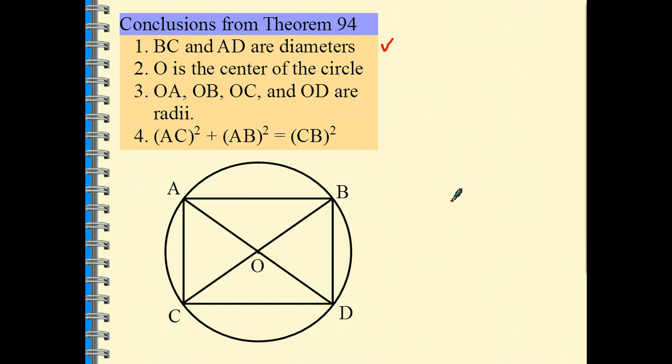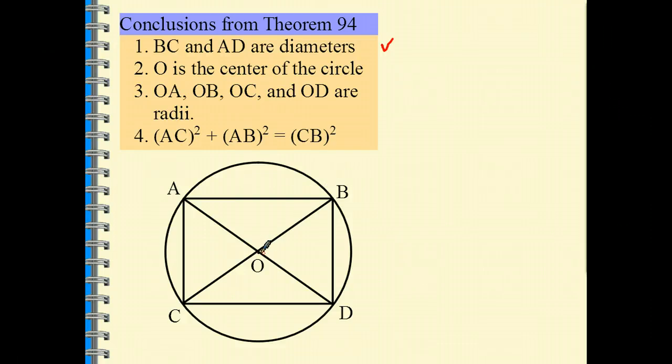That means they have to go through the center of the circle. So if we don't know the center of the circle, we can find it by inscribing a rectangle inside the circle and then finding where the diagonals cross. So BC and AD have to be diameters.